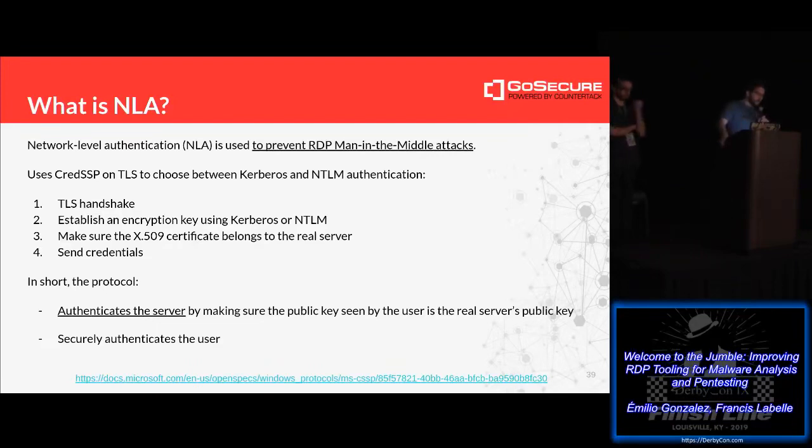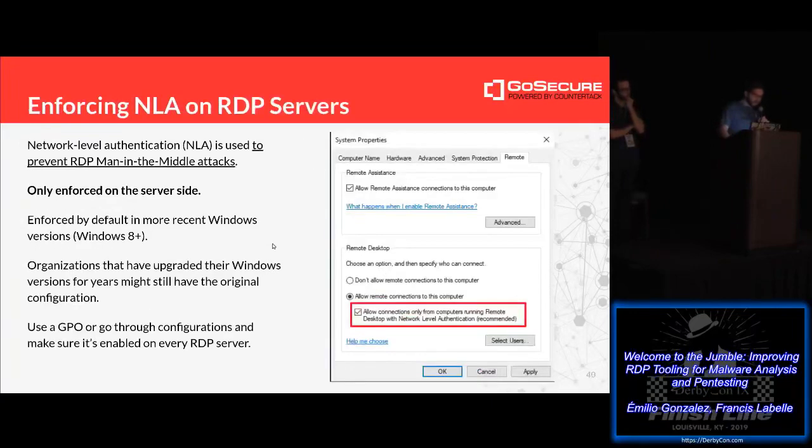The third step is to verify that the X509 certificate used in the TLS handshake actually belongs to the real server that is expected. I'm not going to go into details exactly, but essentially only after the server is authenticated does it send the credentials of the user. So you can see how this can prevent man-in-the-middle attacks, because obviously you don't have the real private key of the real server, so you can't decrypt that, so you can't fake any of these steps.